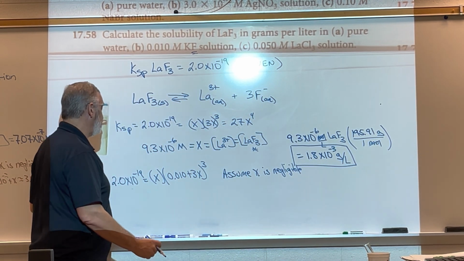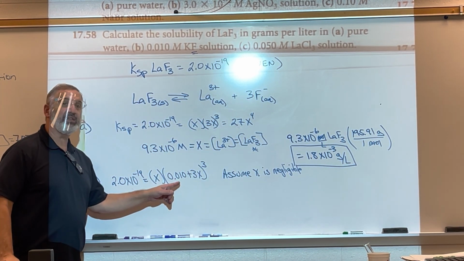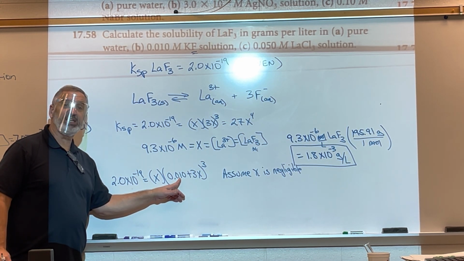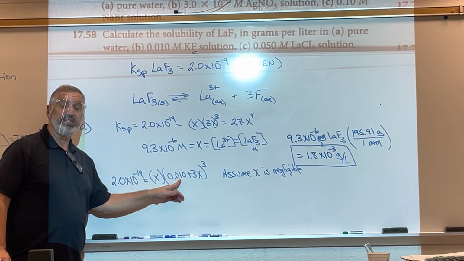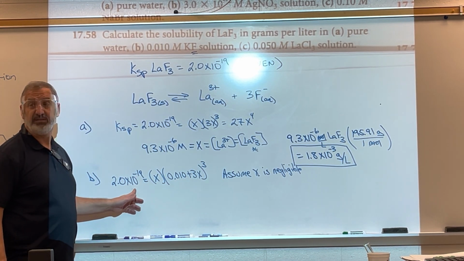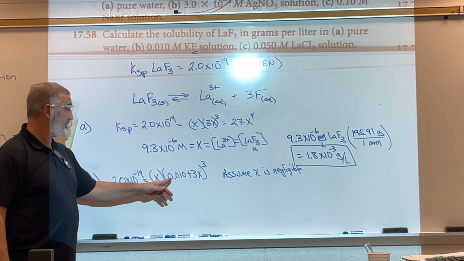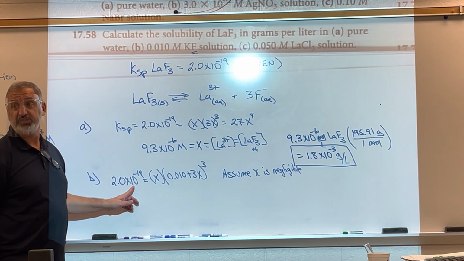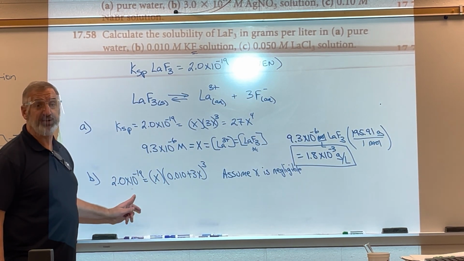The assumption is made when the concentration of the common ion is at least 10 to the 4th times greater than the Ksp. Here this is 10 to the minus 2, this is 10 to the minus 19, or 10 to the minus 17 different, so this assumption is pretty valid.